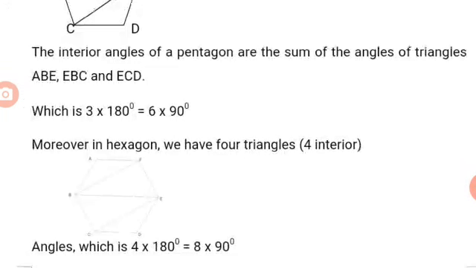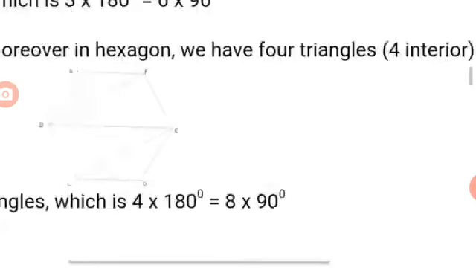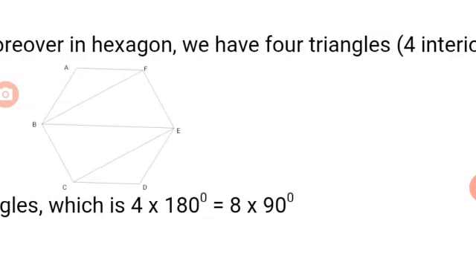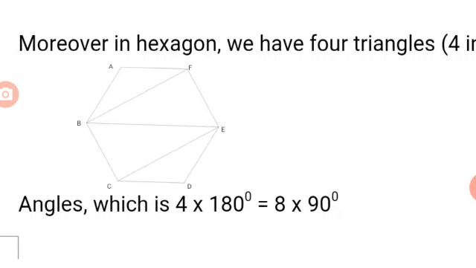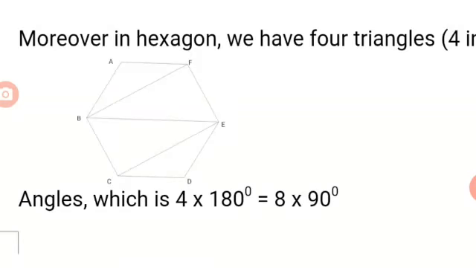Moreover, in a hexagon, that is a 6-sided figure, we have four triangles. This is the hexagon. Can we see? Now, look at how the diagonals are drawn.